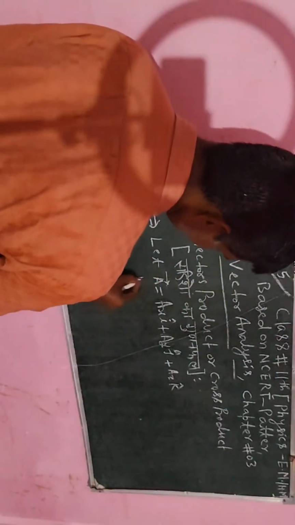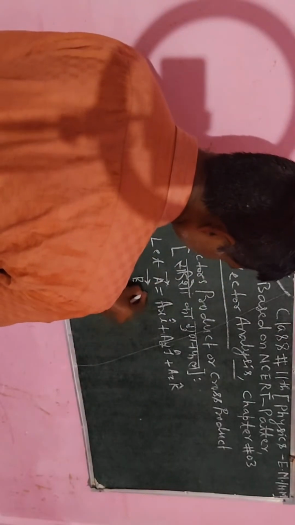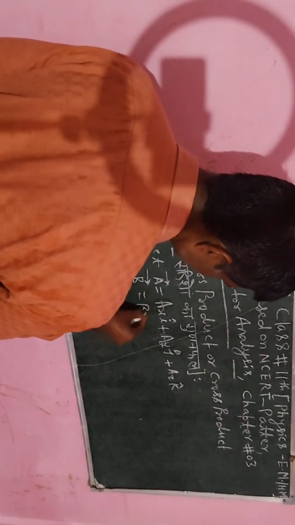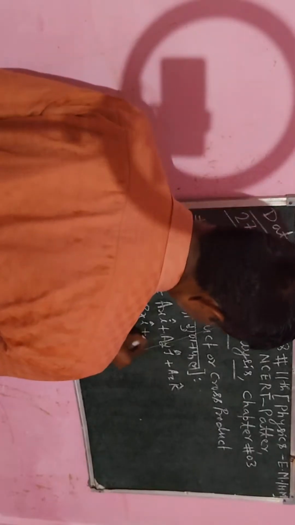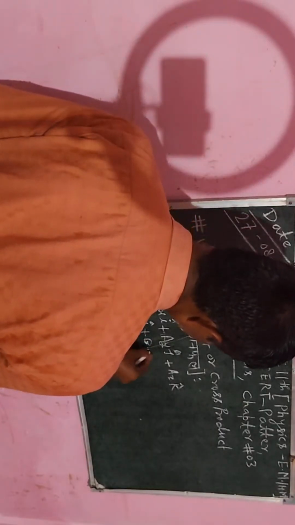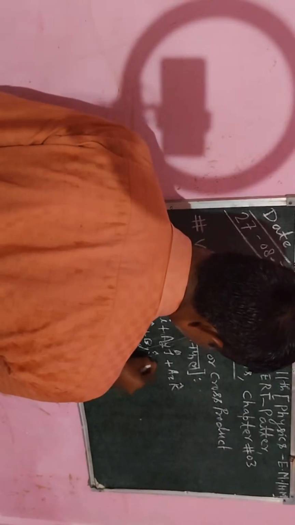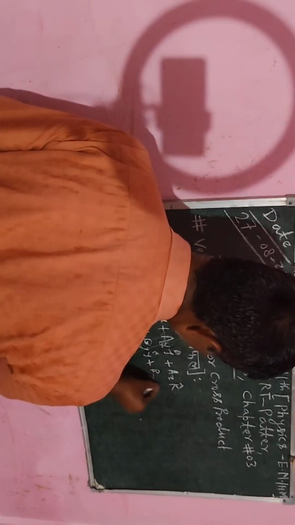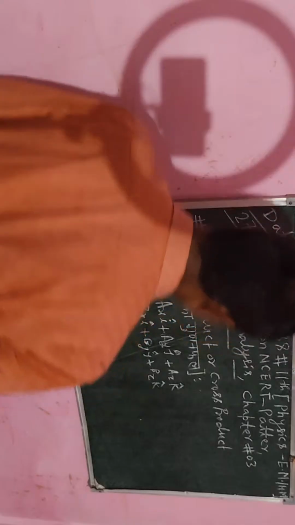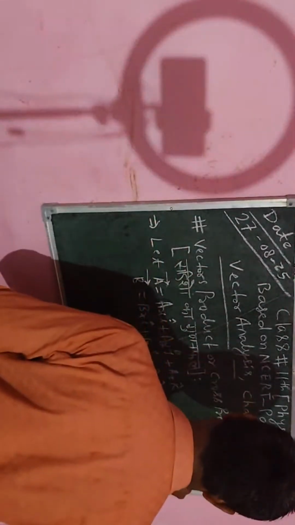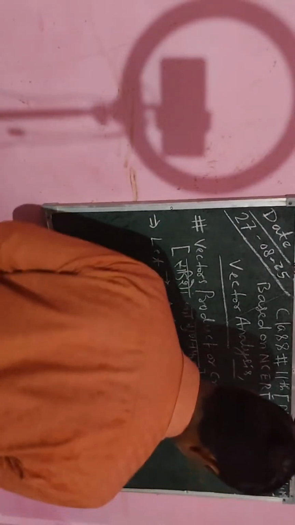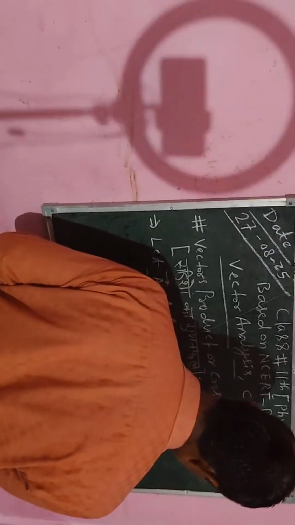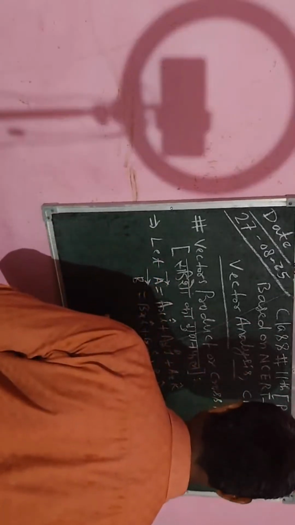Now the second vector I am considering here is the vector B, and it is written as bx i cap plus by j cap plus bz k cap. So these are the two vectors. I will say this is the vector A and this is the vector B.